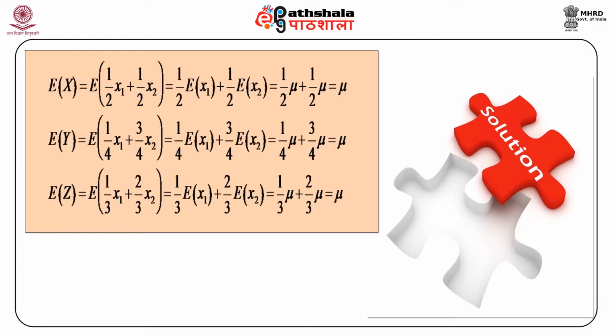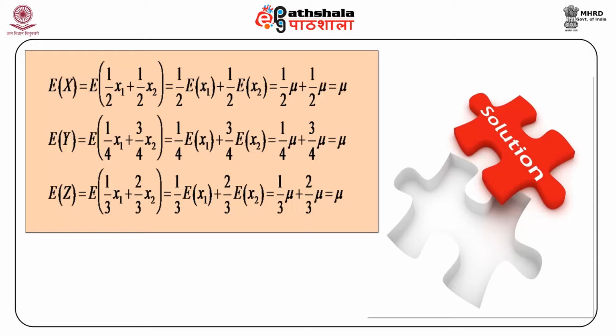Similarly, expected value of y is equal to expected value of 1 by 4 into x1 plus 3 by 4 into x2, is equal to 1 by 4 into expected value of x1 plus 3 by 4 into expected value of x2, and this comes out to be equal to 1 by 4 mu plus 3 by 4 mu, and hence is again equal to mu.